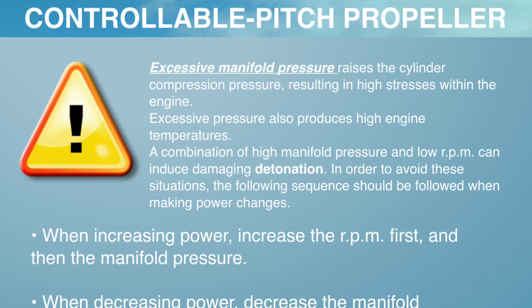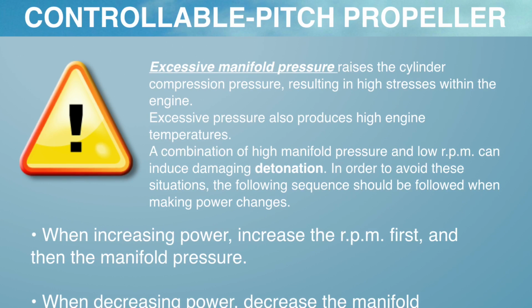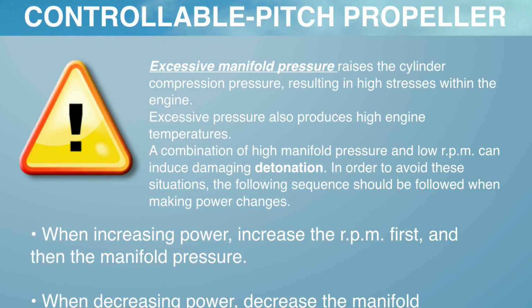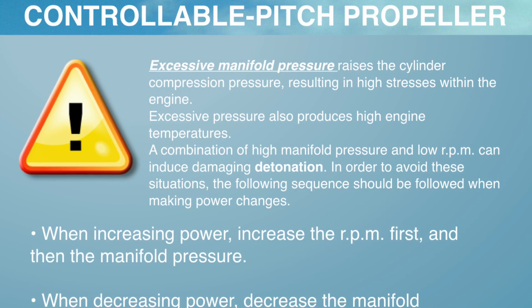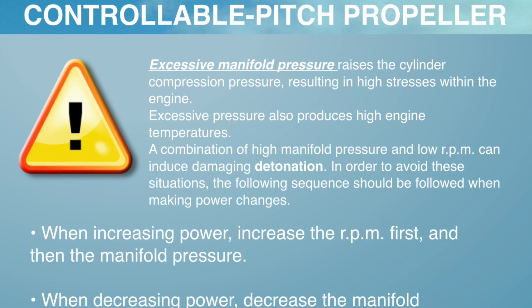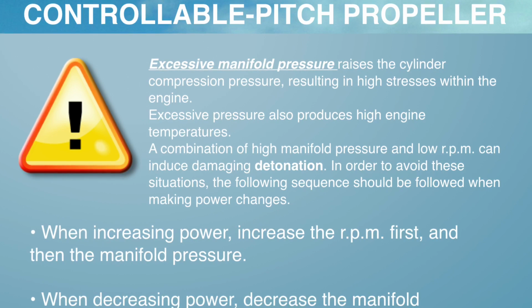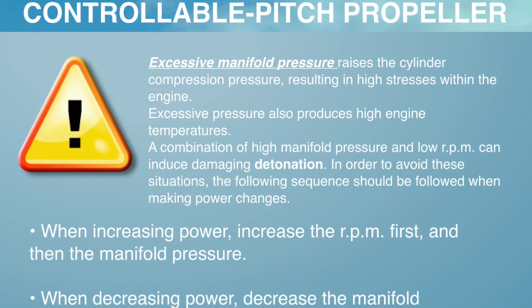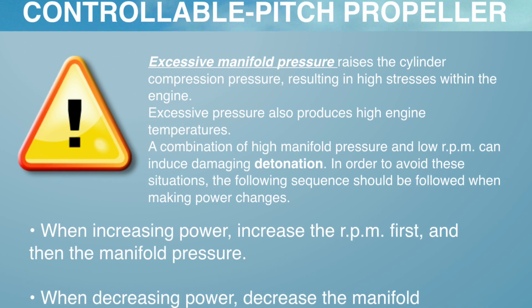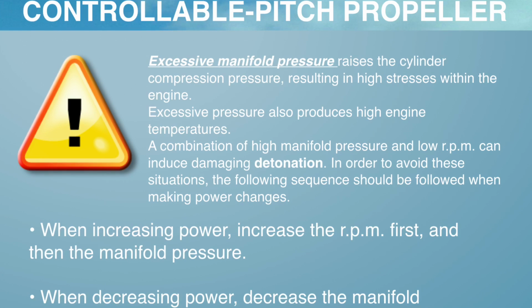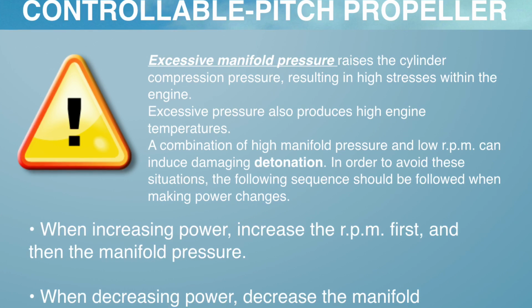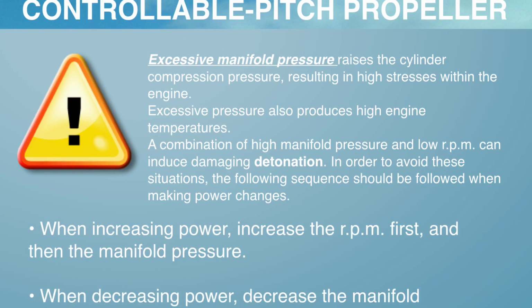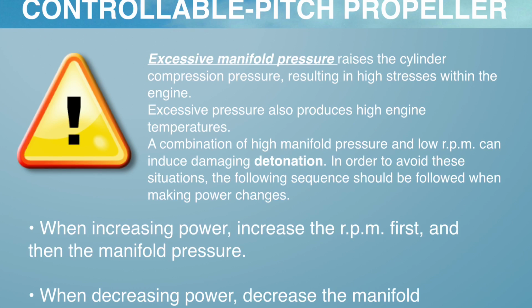A combination of high manifold pressure, which again is controlled by your throttle, and low RPM, which is controlled by your prop, can induce damaging detonation. In order to avoid these situations, the following sequence should be followed when making power changes. When increasing power, you would first increase the RPM with the prop, and then the manifold pressure with the throttle.